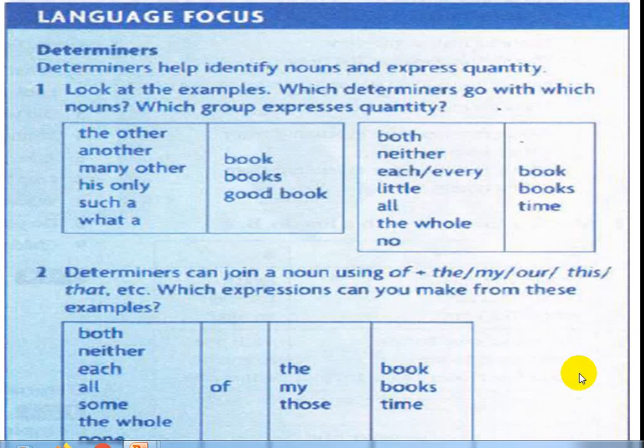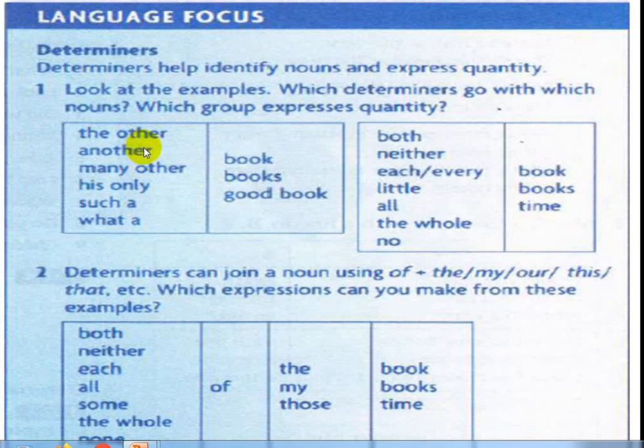Determiners help identify nouns and express quantity. We look at these examples, which determiners go with which nouns and which group expresses quantity. We have the first one, the other, book, and books, and good book. These three can go with the other. Another book or another good book.